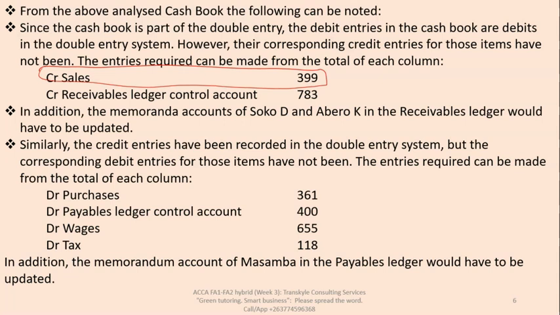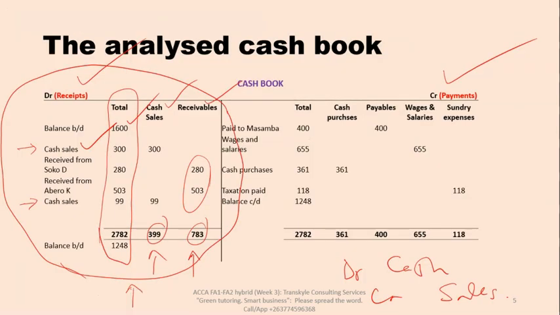Remember here we had written there is a cash sale of 300 and then a cash sale of 99, which have a total of 399.